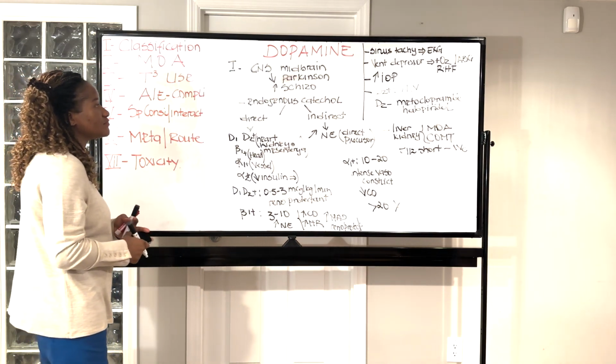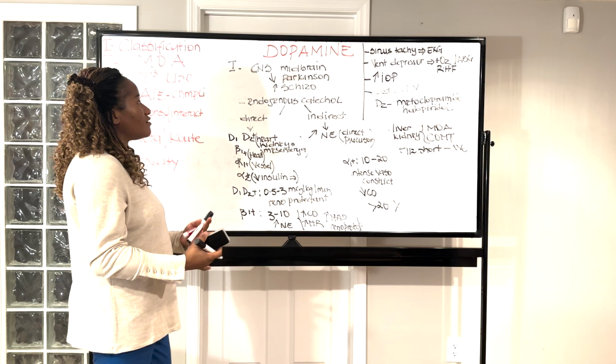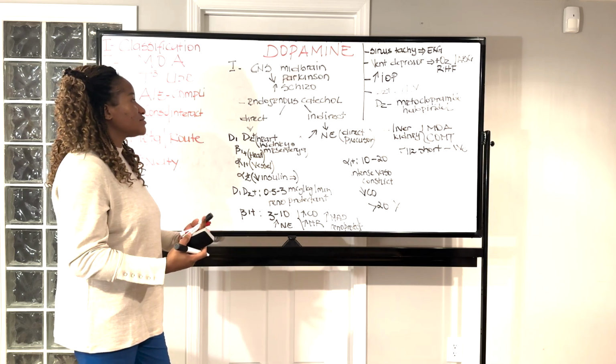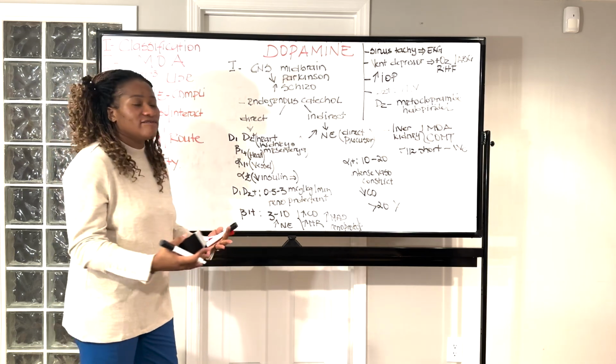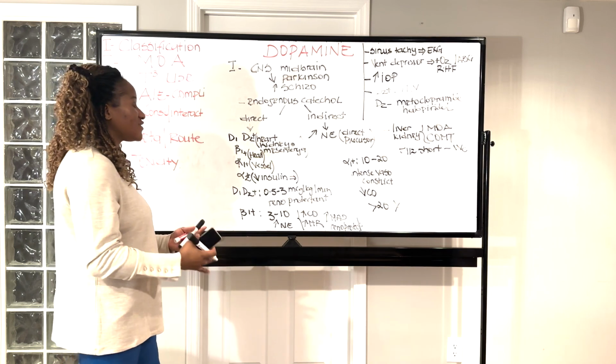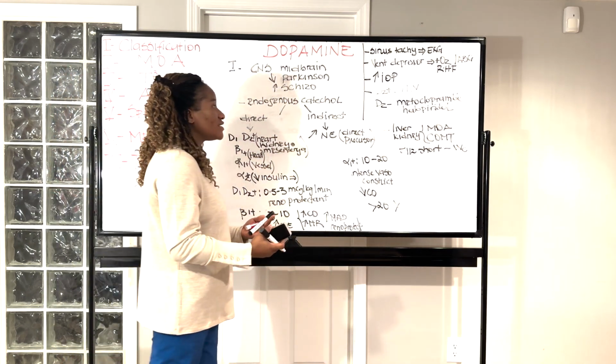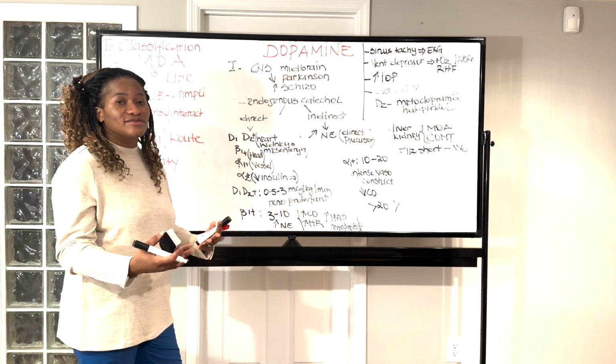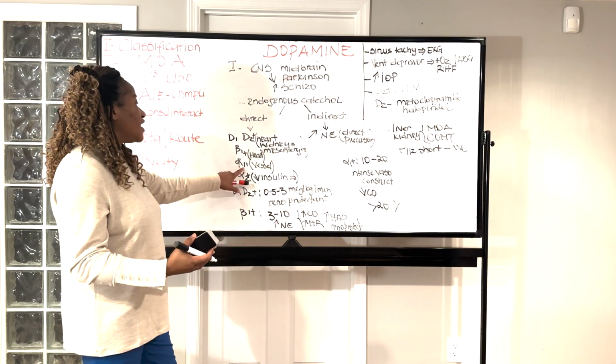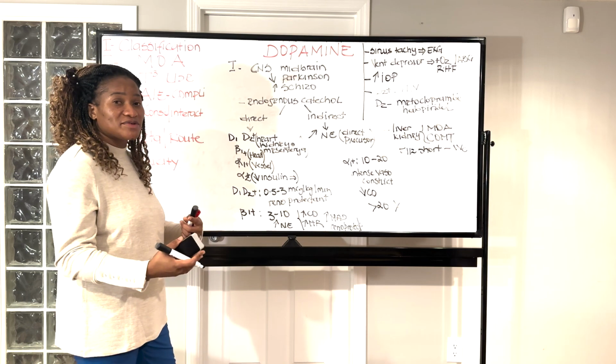Toxicity. So like all the pressors, you can have infiltration, right? If you have infiltration, you want to treat it with phentolamine. Phentolamine is gonna antagonize the alpha 1 and alpha 2 receptor.